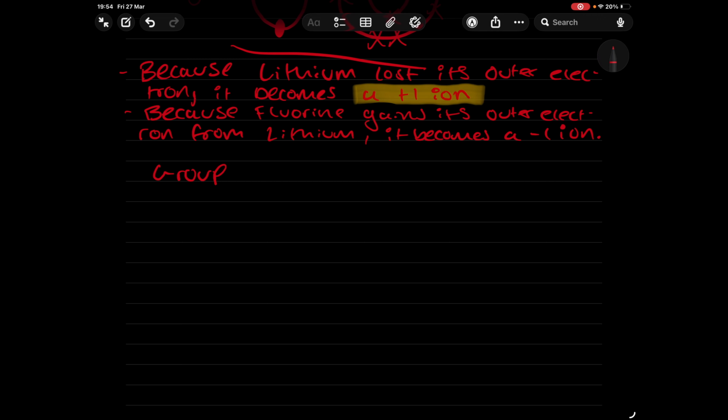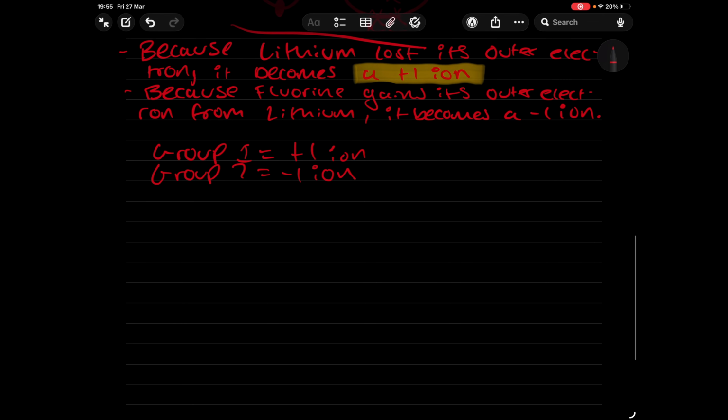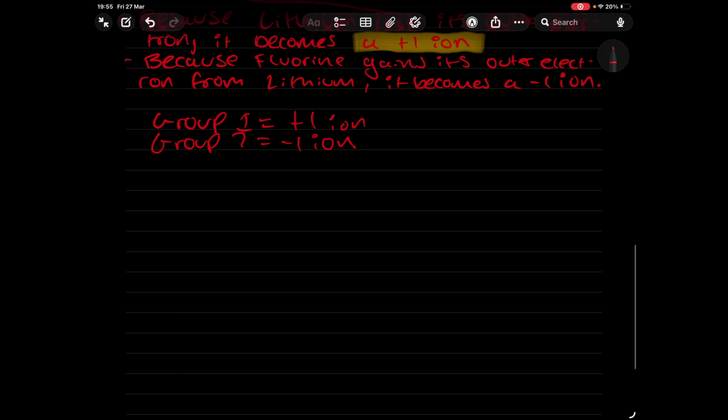Group 1 will become a positively charged ion because it has an extra electron in its outer shell and needs it to be lost. And group 7 will have a -1 ion. So that's it.